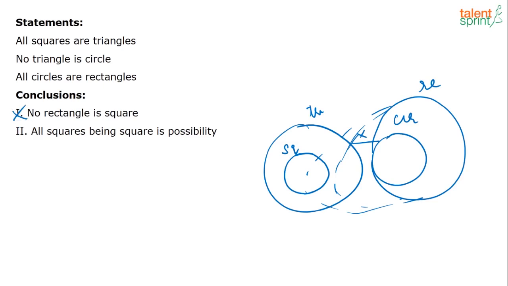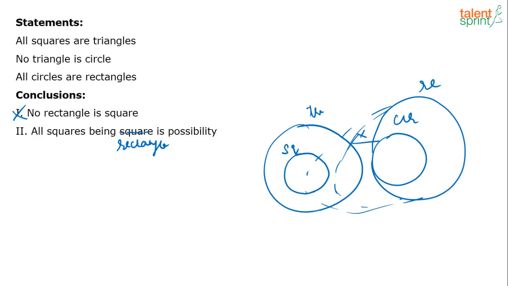Now let us look at conclusion 2. I think it should be all squares being rectangle, right? Okay, all squares being rectangle is a possibility. Let's just take it as rectangle and see. Is that a possibility? Remember that, as I said, if a conclusion is definite, it is not a possibility.